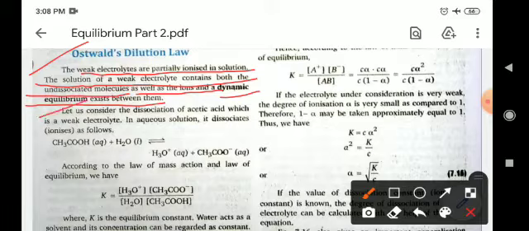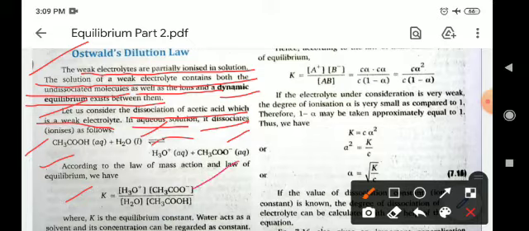Let us consider the dissociation of acetic acid, which is a weak electrolyte, in aqueous solution. Acetic acid in aqueous medium gives H3O+ ion plus acetate ion. According to the law of mass action, the equilibrium constant K equals the active mass of the products upon the active mass of the reactants.